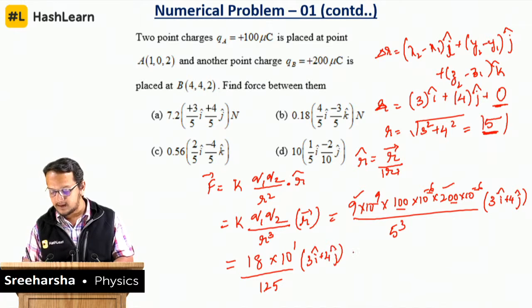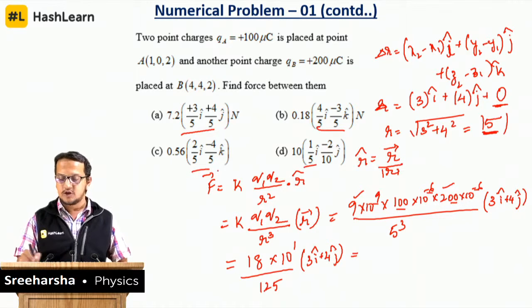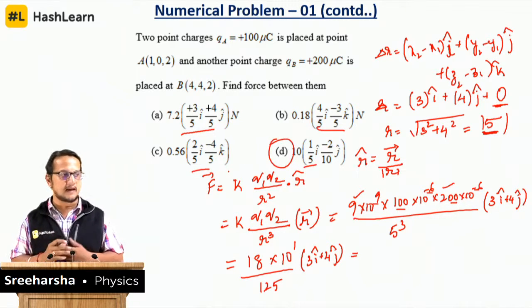So seeing the options, you know that in the denominator it has to be 5, 5, 5, 5. So this can be ruled out, which is not an option.